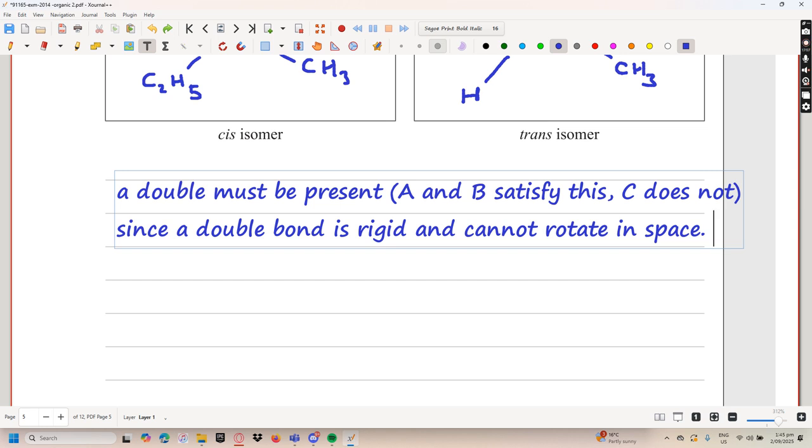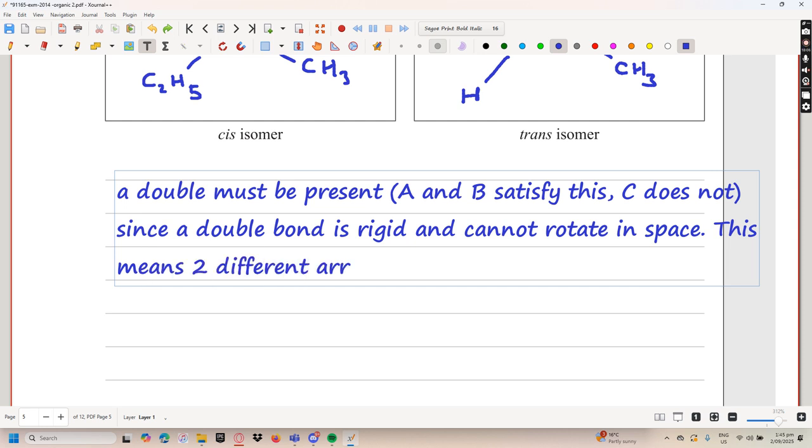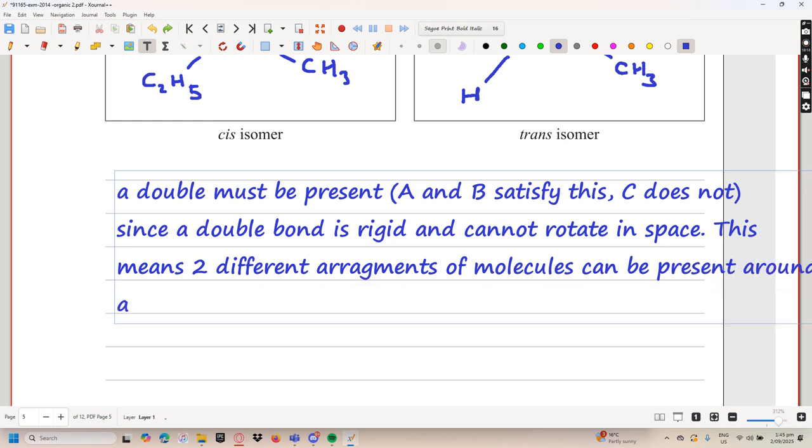This means two different arrangements of the molecule can be present around a double bond. We call those cis and trans, as above.